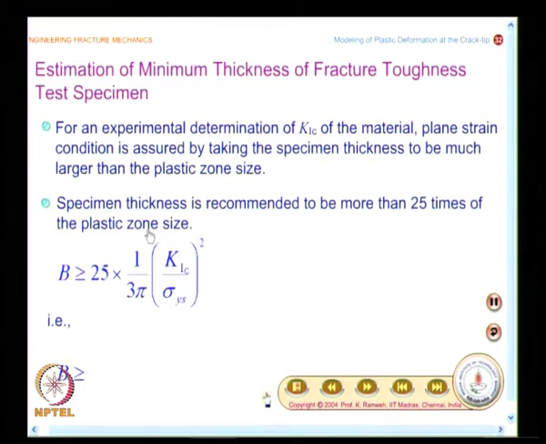If you recall, this was the plastic zone size in plane strain by Irwin's model. And if you simplify, I can simply write this as 2.5 times, because 3 pi I can take as 10. So, I would write it as B should be greater than or equal to 2.5 times (K1C divided by sigma_ys) whole squared.